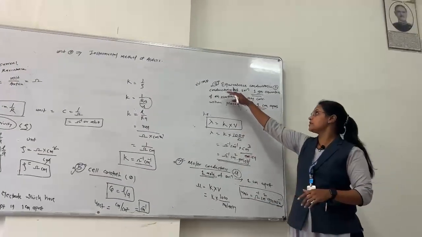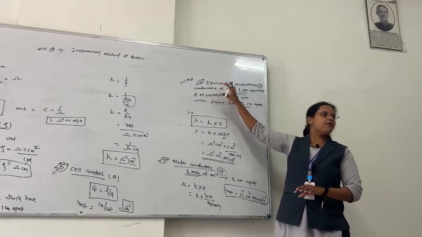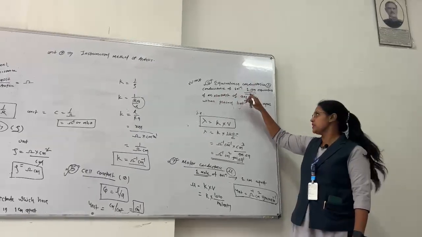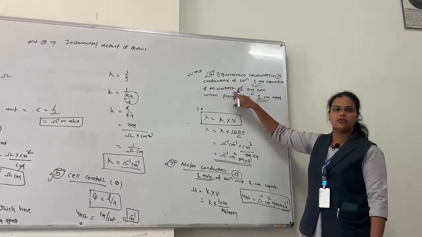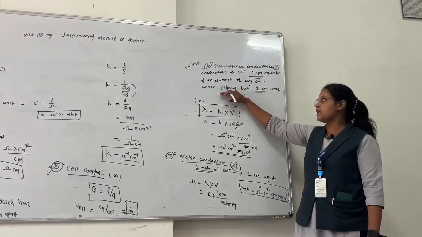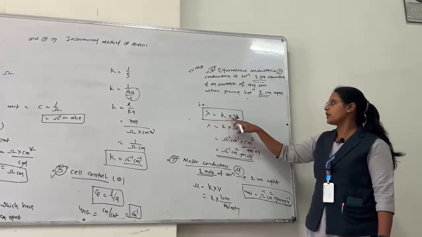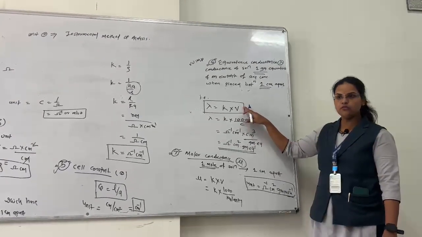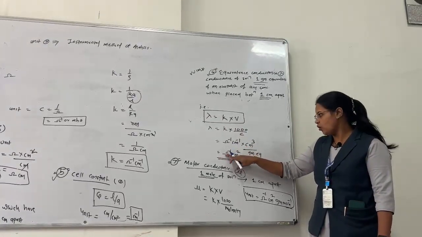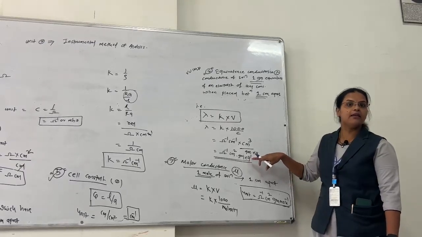It is the conductance of solution containing 1 gram equivalent of an electrolyte, placed 1 centimeter apart inside the electrodes. Its formula is lambda is equal to kV, V for volume. After the calculation, we have the unit per ohm centimeter square per gram equivalent. That is the unit of your equivalent conductance.